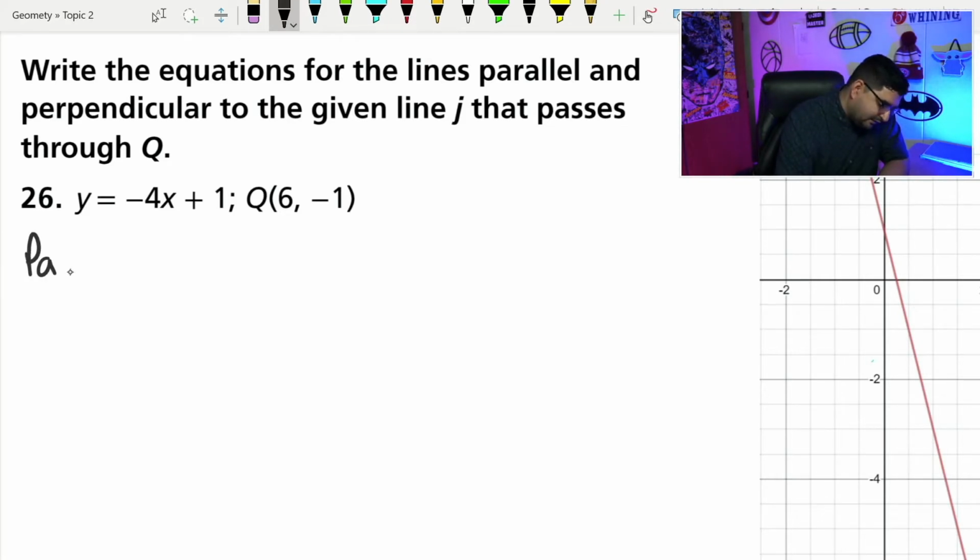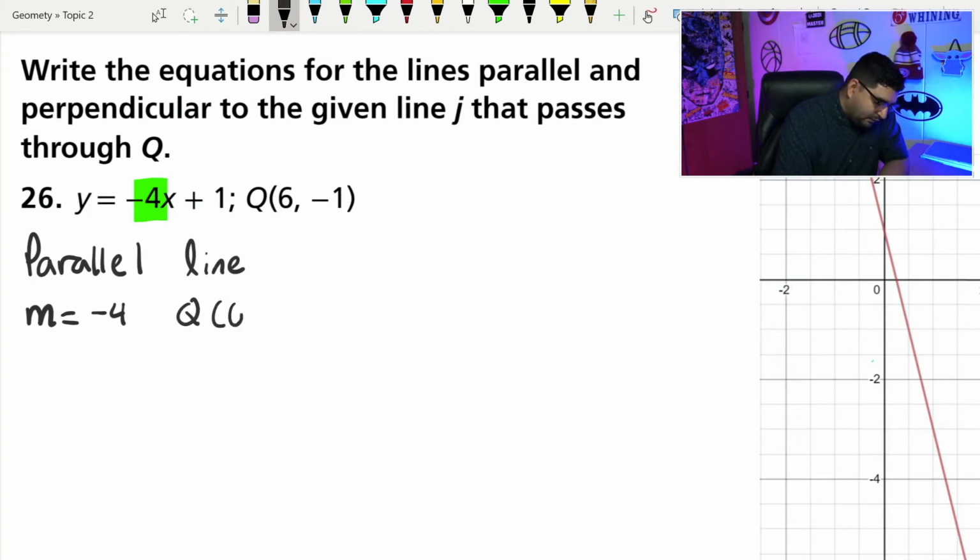So let's first do our parallel line. Because the slope of this equation is negative 4, I know that my slope for the new line has to be negative 4. I also know that it has to go through this point Q, which is 6 comma negative 1.